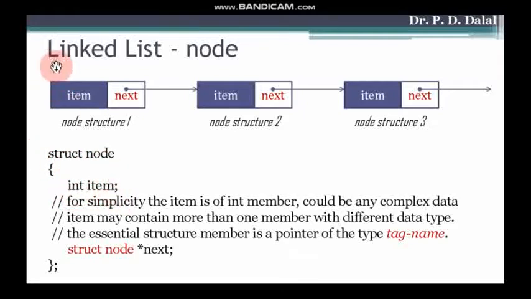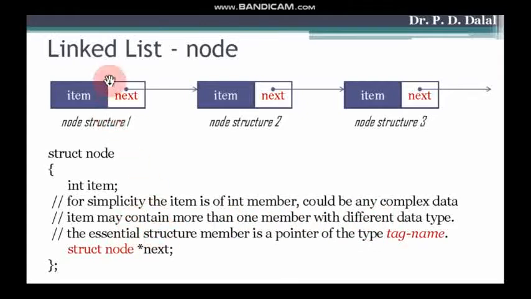It will have first the item. Item is nothing but a data part where we will store the complete data. Here we have taken only one integer member, but you can take more complex data like student name, roll number, ID number, marks, everything.